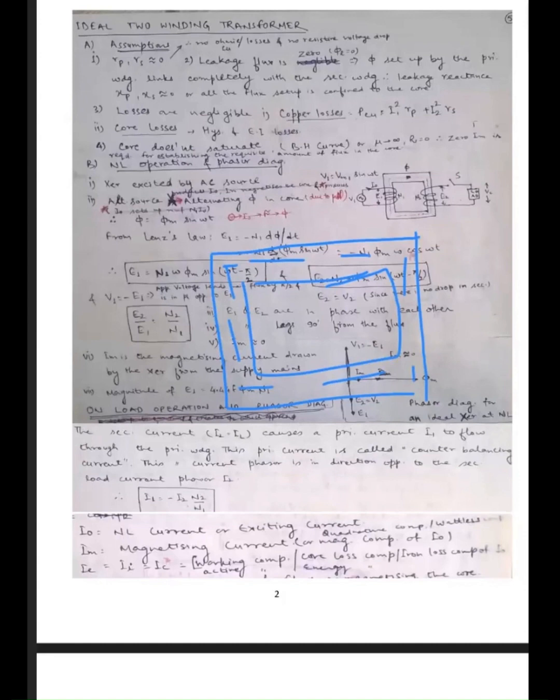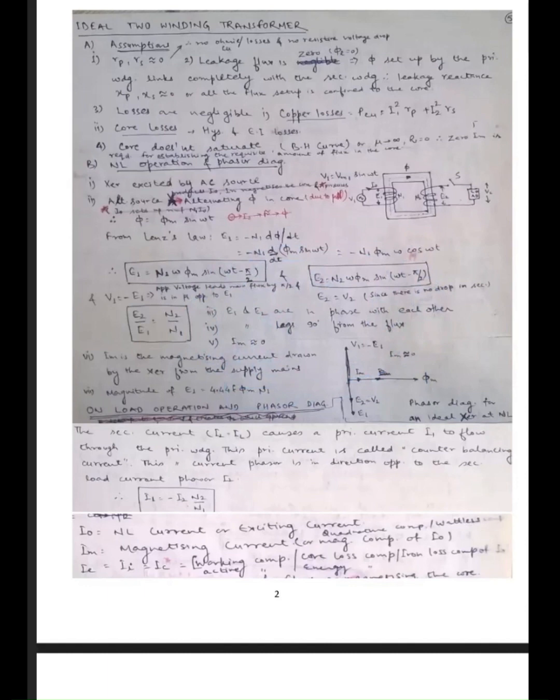But if there is some leakage flux, some of the flux may be aerial. So what needs to be done to avoid this leakage flux? The limbs of the transformer should be alternately packed with the primary and secondary winding.